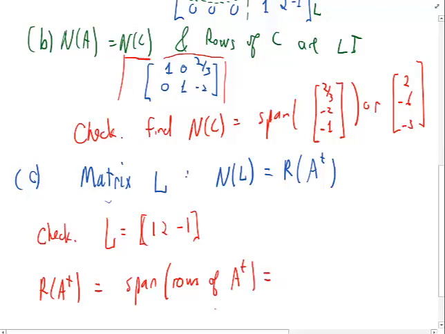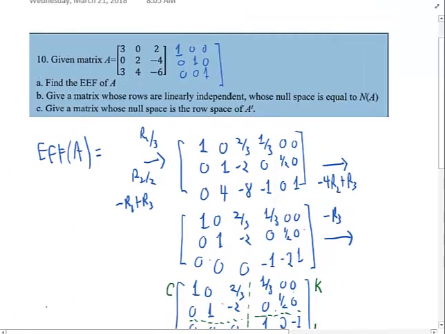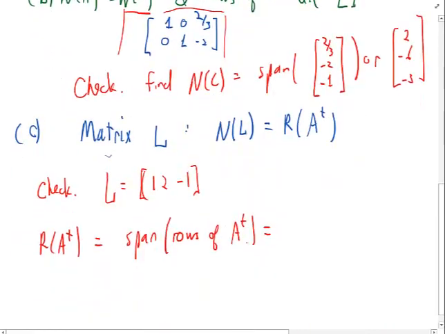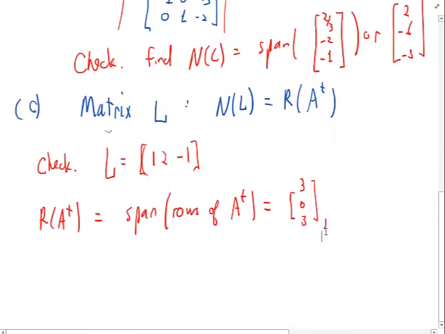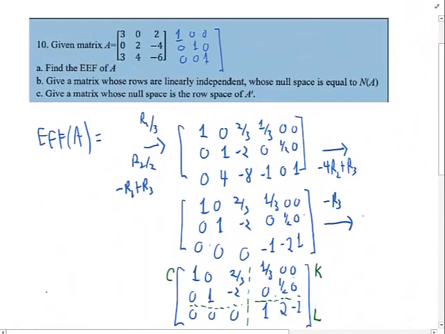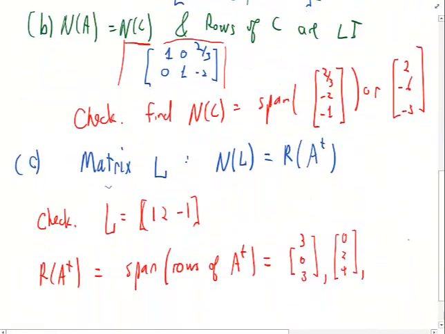And that's equal to, actually the rows of A transpose are just going to be the columns of A, but in the other order. So I'm going to have 3, 0, 3 as the first one. The second one is going to be 0, 2, 4. The third one is going to be 2, minus 4, minus 6.